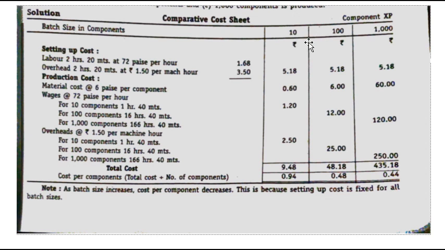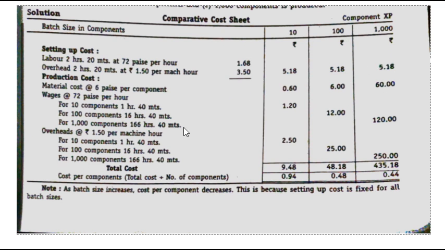So 0.06 rupees into 10 will give you 0.60. Next, 0.06 into 100 will give you 6 rupees. 0.06 into 1000 will give you 60 rupees. So this is your material cost which you have multiplied based on the components.